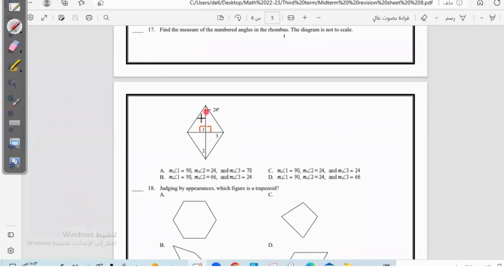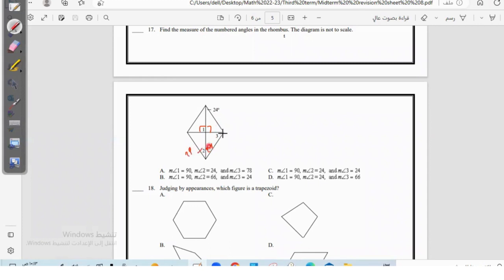Now, this one is 24, and this one is going to be 24. The two triangles are congruent, so this angle also equals 24.